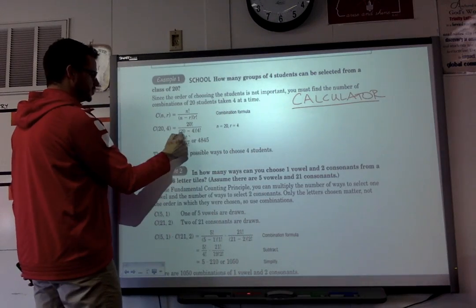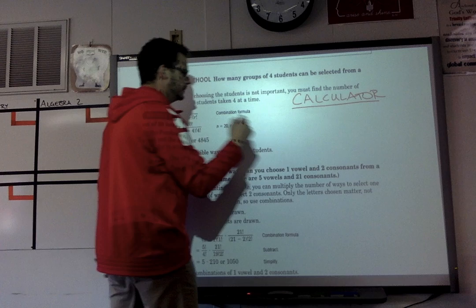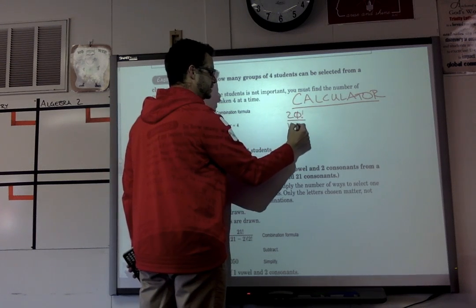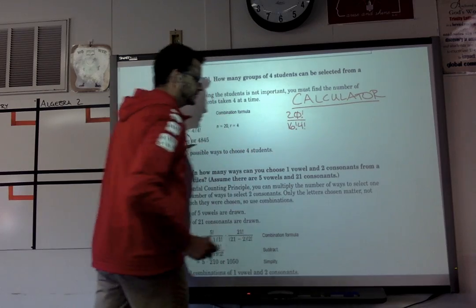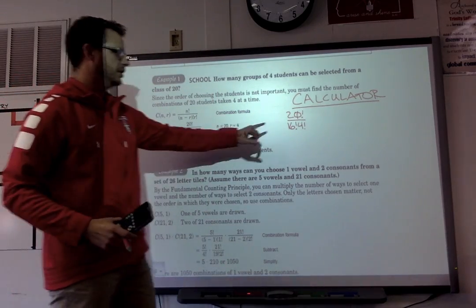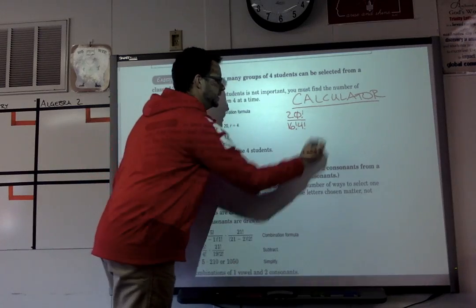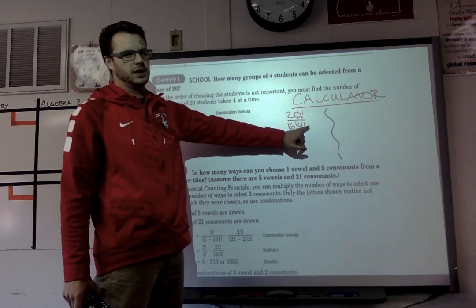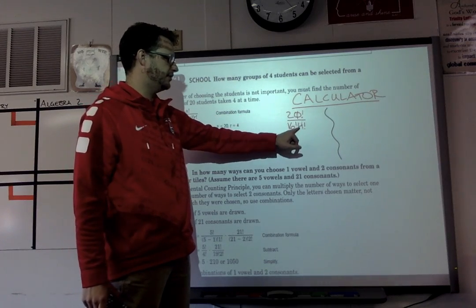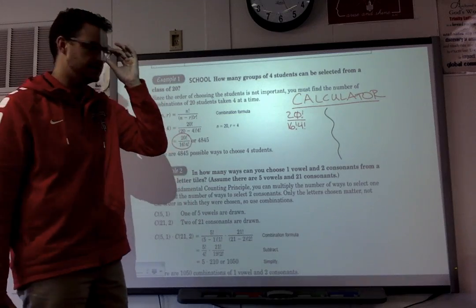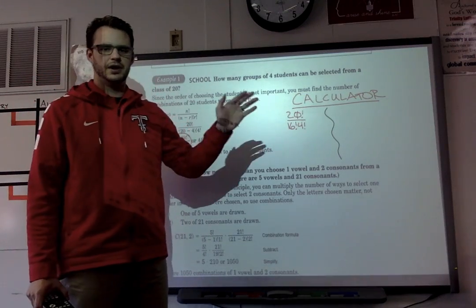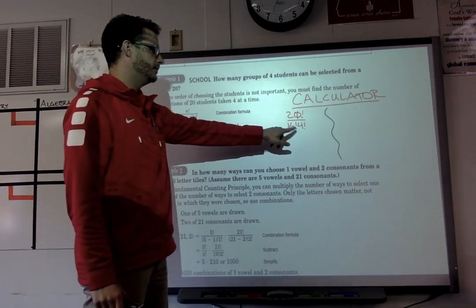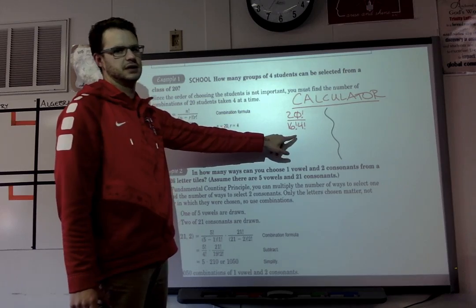So the first way, once we've gotten to this step right here, you would do that 20 factorial divided by 16 factorial times 4 factorial. Now, an important note here. When you're doing it on your calculator, you can't just plug in 20 factorial divided by 16 factorial times 4 factorial, because in your calculator order of operations, once we're down to multiplication and division, it just goes left to right. We have to have that multiplication done first.